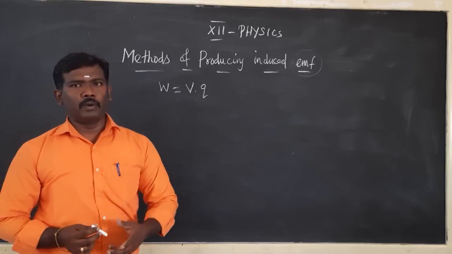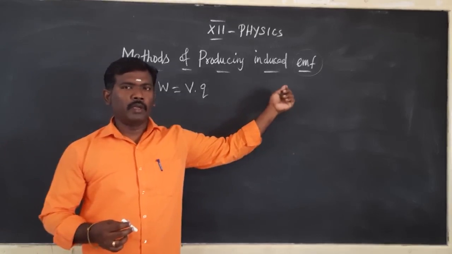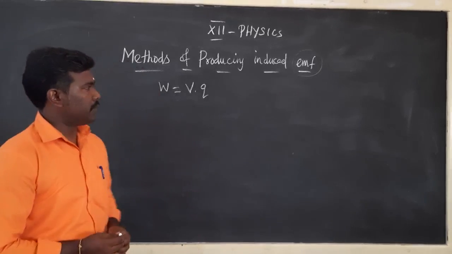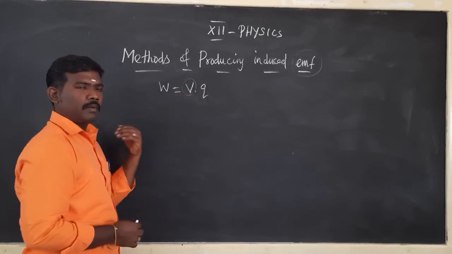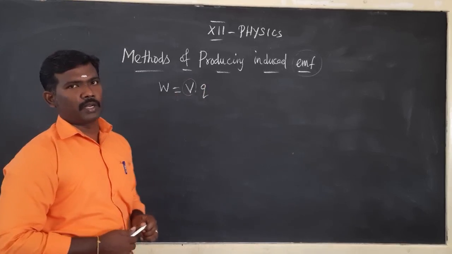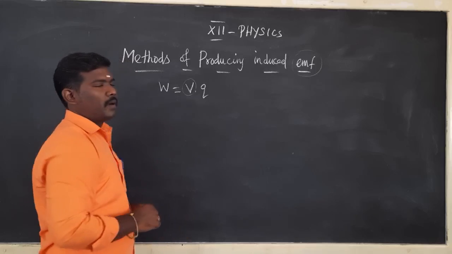EMF is not a force, it is the work done in moving a unit charge in a given circuit. In the first chapter you studied that V is nothing but the potential difference or electric potential. Now we call it by the name of EMF.